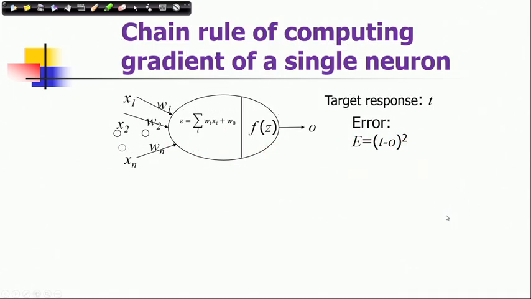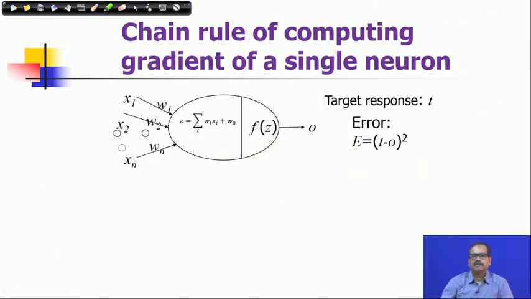Computation of the gradient itself is a task that we need to do here, and let me first discuss it with respect to a single neuron or single perceptron. We can apply the chain rule very effectively. We know what a chain rule is, let me explain that.